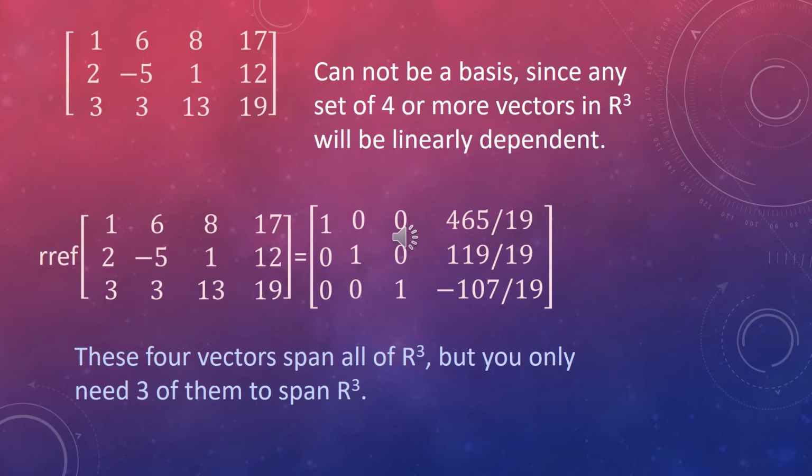I can form that fourth vector by a linear combination of the first 3, which are independent. So these 4 vectors do span all of R3, but they're not a minimally spanning set because I only need 3 vectors to span R3. I have more vectors than needed, so it is not a basis.